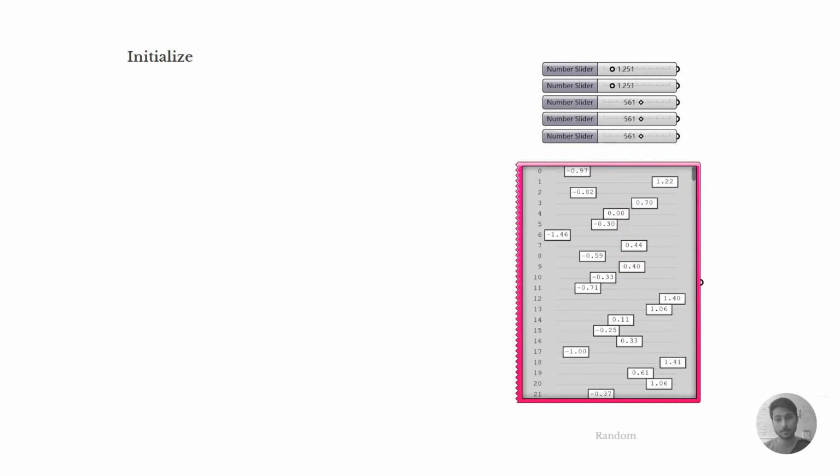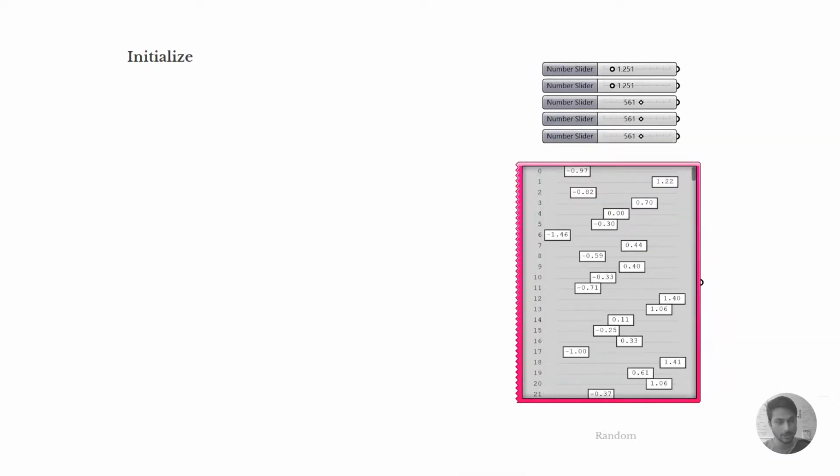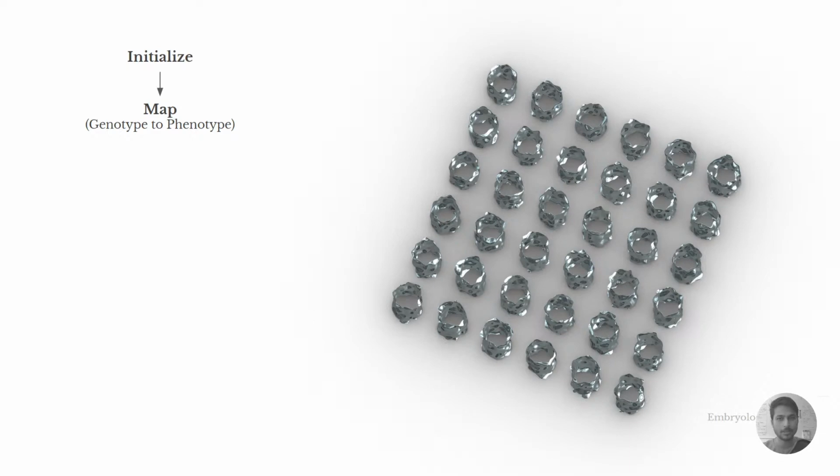So we start with random DNA values. Then we map those DNA values, those parameters, to a physical form, okay? That's called mapping, or converting the genotype, the genes, to phenotypes.